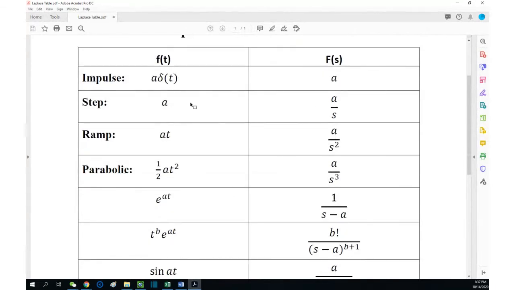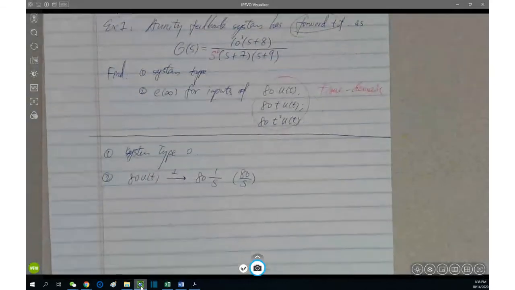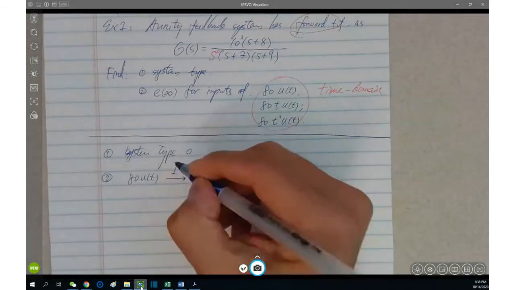The first one, 80 times U of t, is a unit step response, with constant A basically. 80 times U of t corresponds to 80 over S in the S domain, applying the Laplace transform.